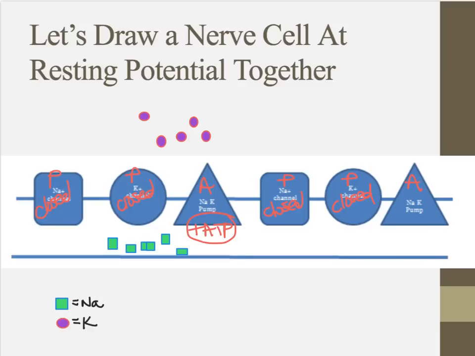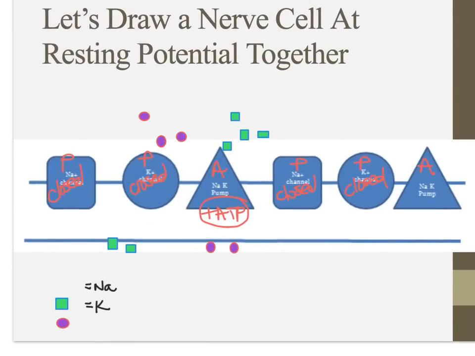And then again, for every 1, 2, 3 sodiums that I move out, I can move 2 potassiums in. 3 sodiums out, 2 potassiums in.